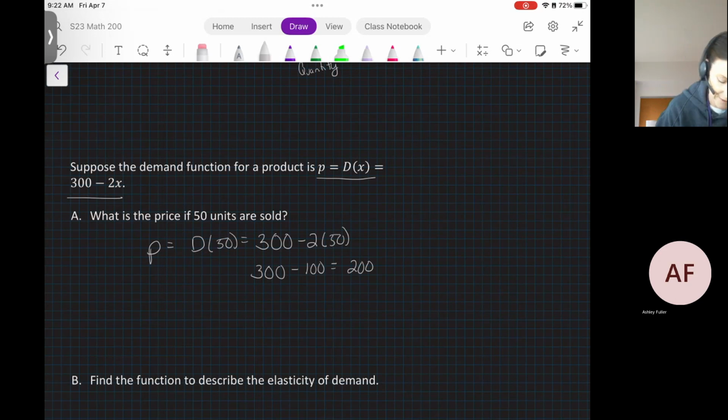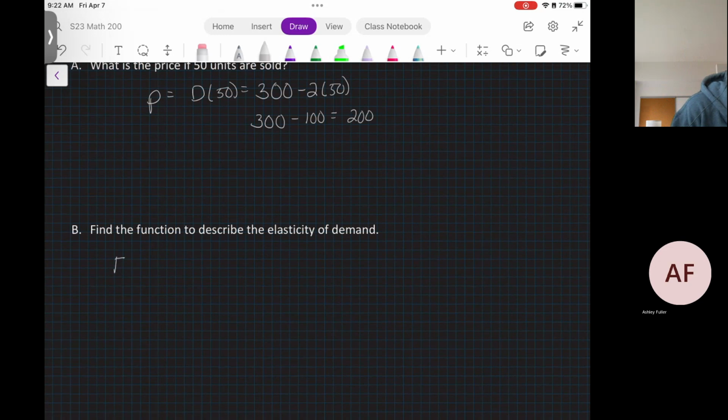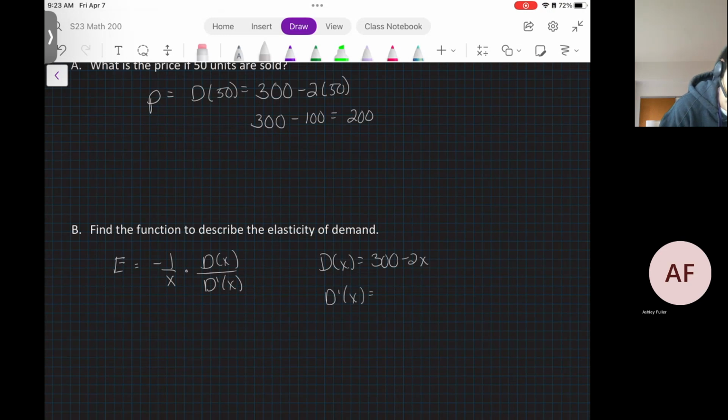Let's now find a function that describes the elasticity. Remember, the elasticity is negative 1 over x times the demand of x over the derivative of the demand. So if we take that demand function that we already saw, which had a value of 300 minus 2x, we can go ahead and calculate the derivative, which gives us a value of negative 2.